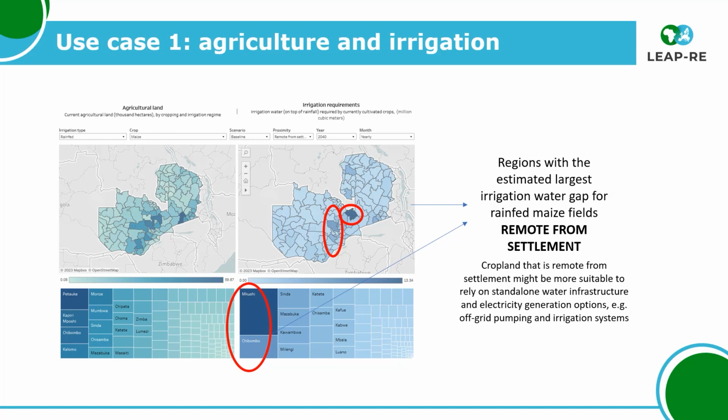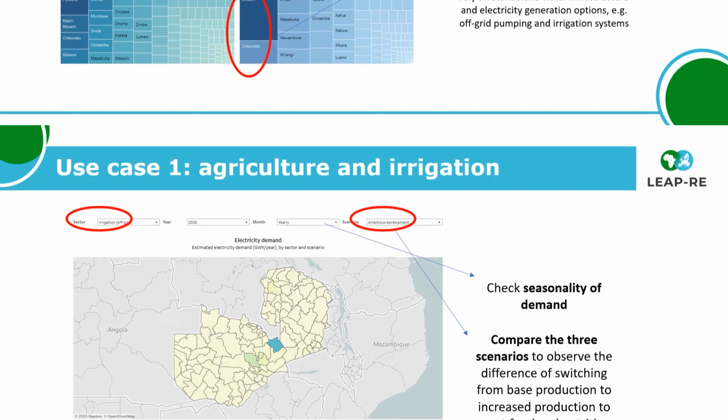So the result presents a different outlook with other regions that emerge as more significant in terms of demand for irrigation water as a result of this different consideration of which cropland we are looking at, which is crucial for both public decisions and private investment.